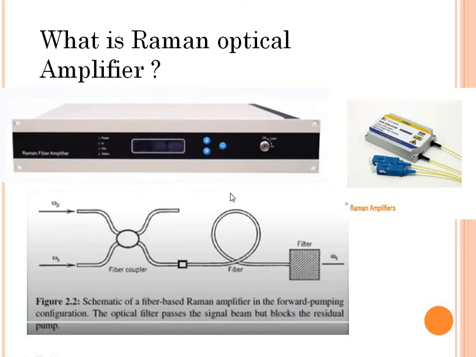An optical signal can be amplified in the optical domain without being converted to the electronic domain and back. As shown here in this figure, an input signal can be amplified while traveling in the same direction or in the opposite direction with a pump laser.